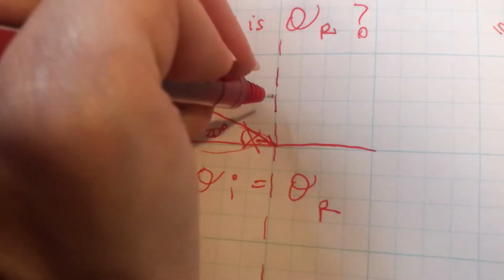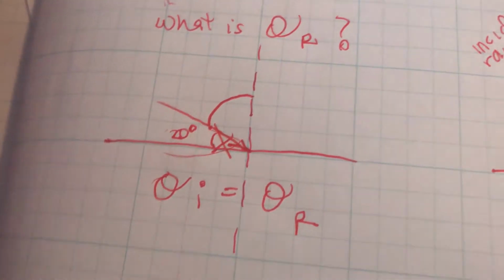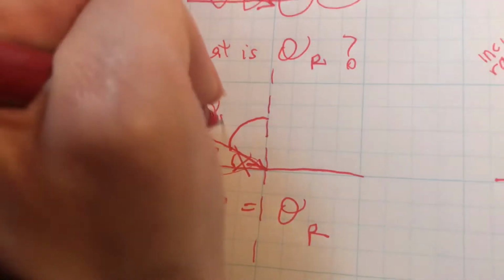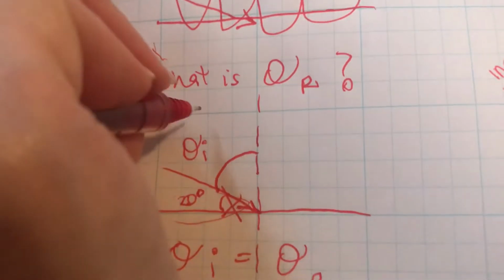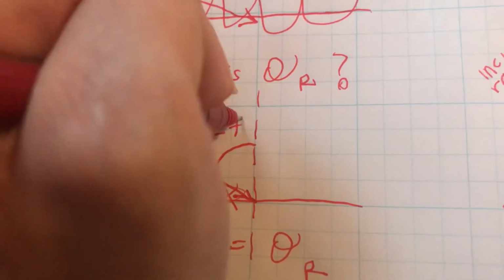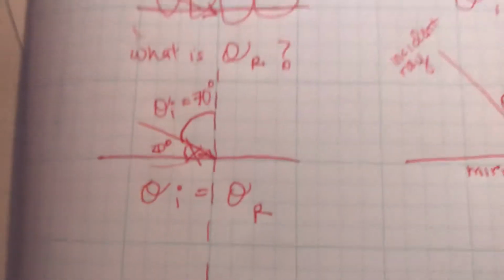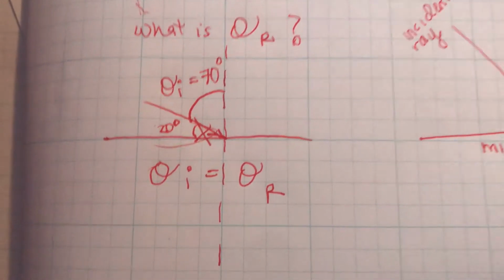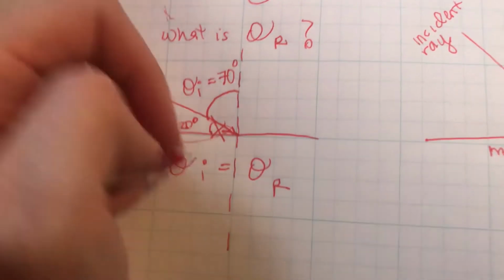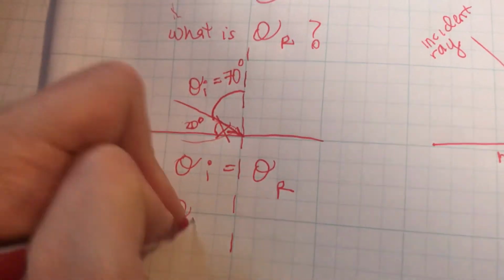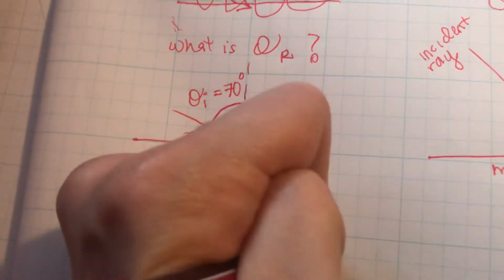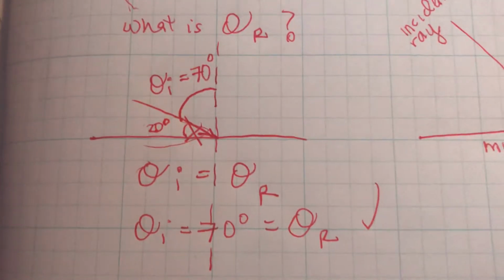What is the angle of interest is the difference between 90 degrees and 20 degrees. In other words, our angle of incidence here is actually 70 degrees, and that tells us that the angle of reflection is also 70 degrees. So in this case, theta I is 70 degrees, therefore theta R is also 70 degrees.